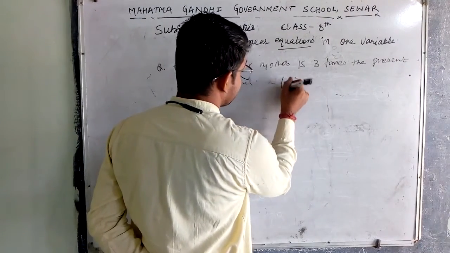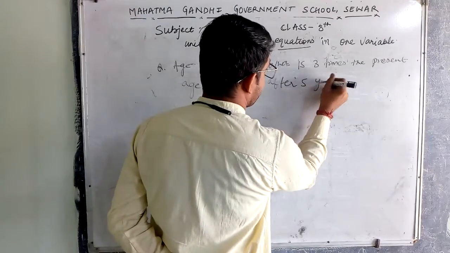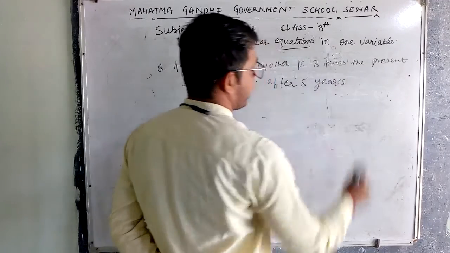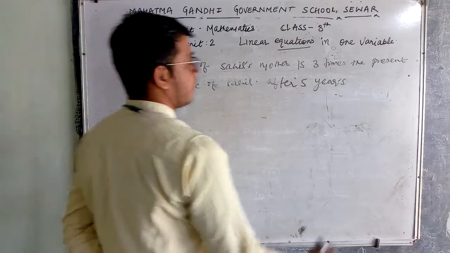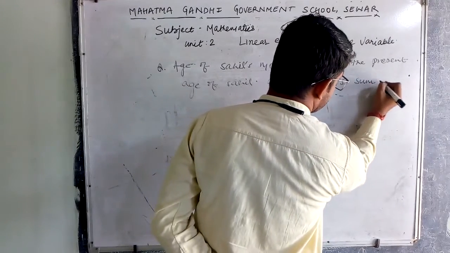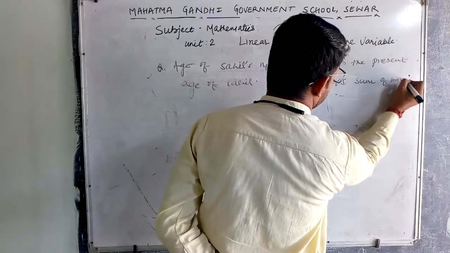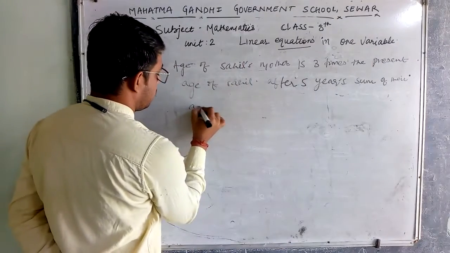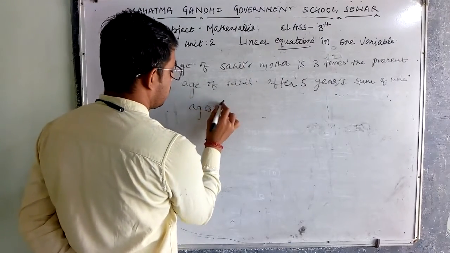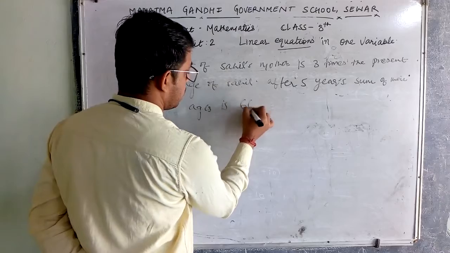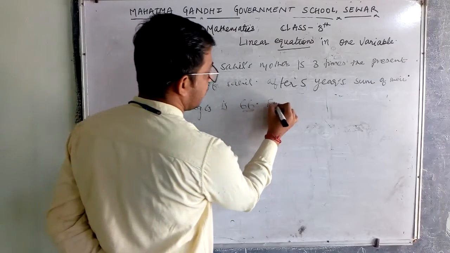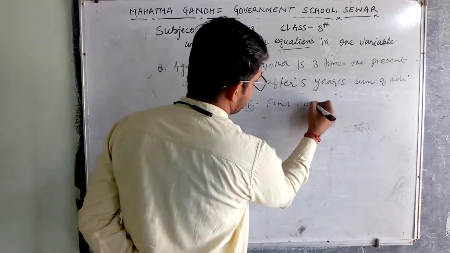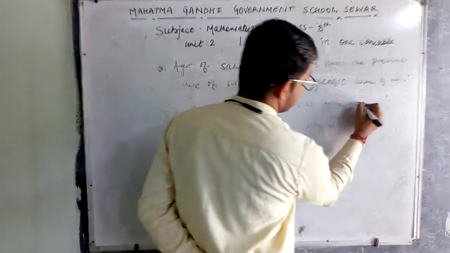After 5 years, the sum of their ages is 66. So find out their ages.